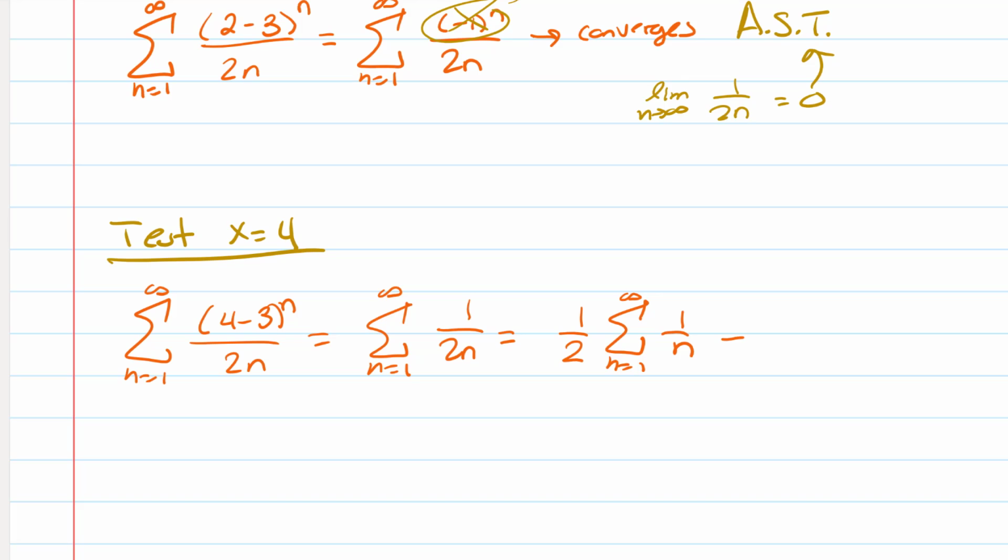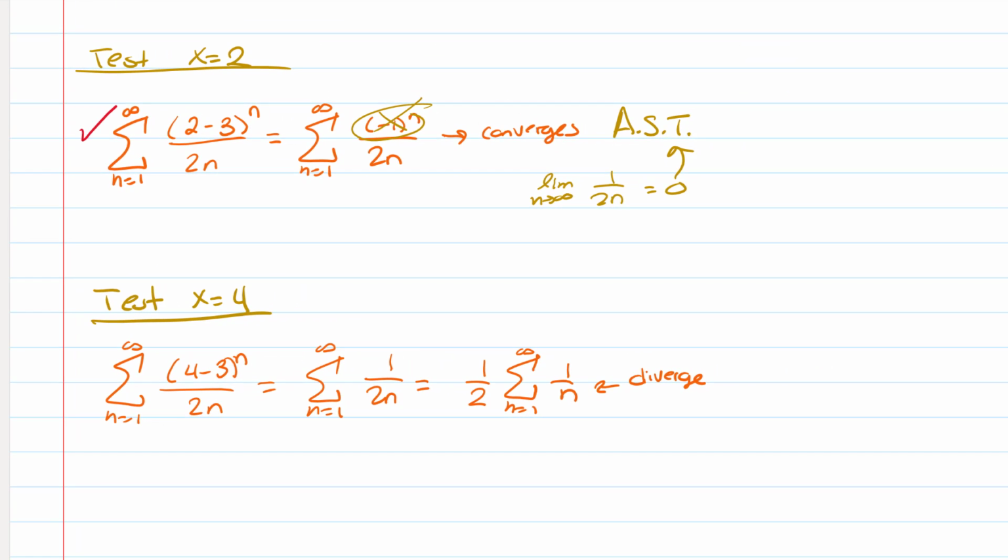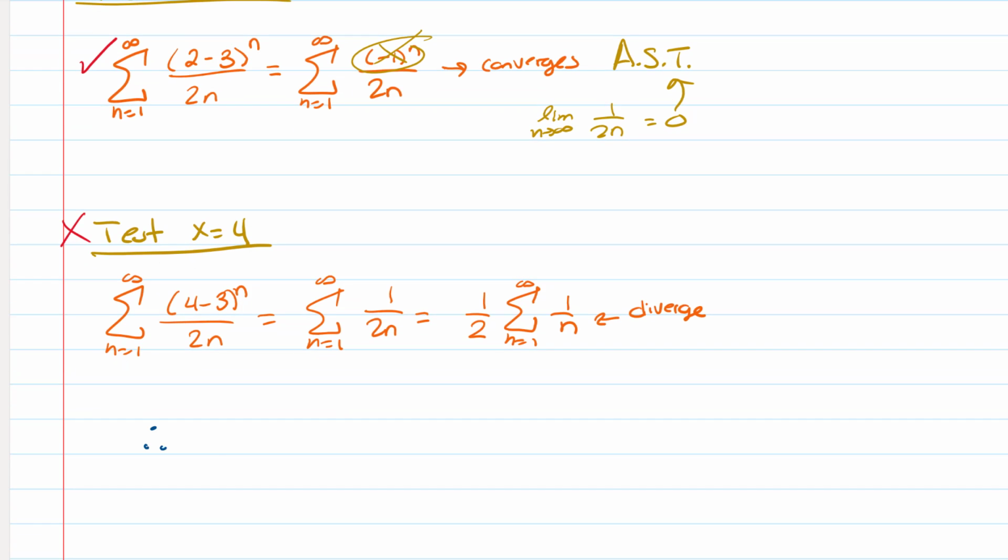And I know that this is going to diverge because it's harmonic. So just looking at these, this one is good and this one is not. So then my new interval of convergence is 2 to 4, where 2 is included and 4 is not.